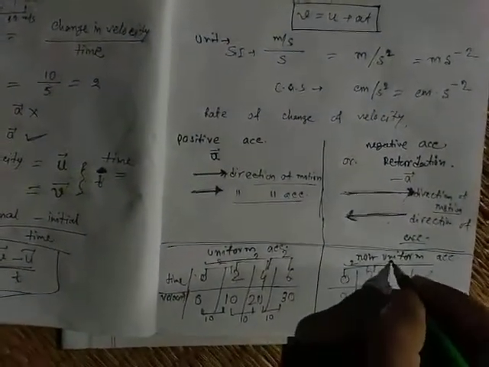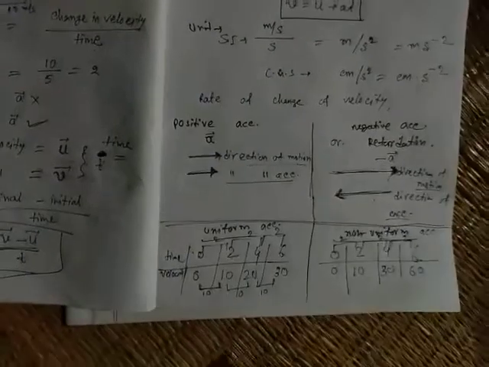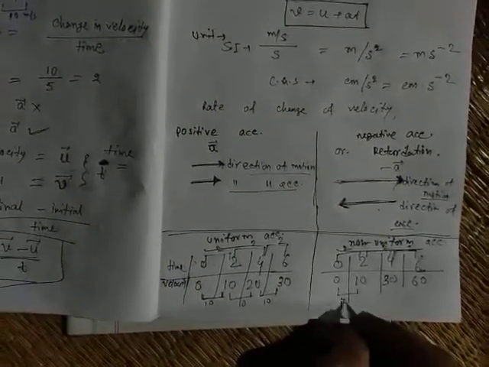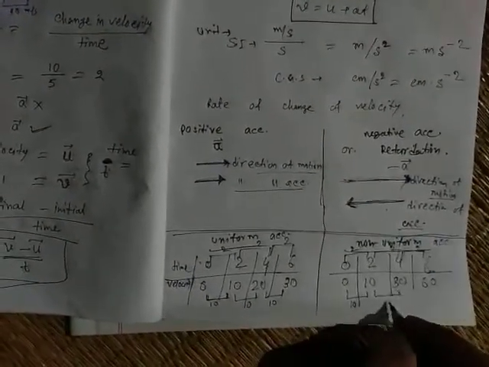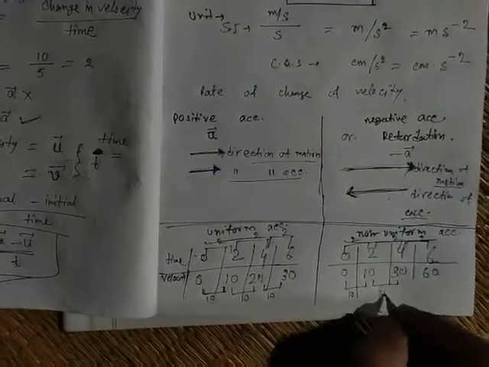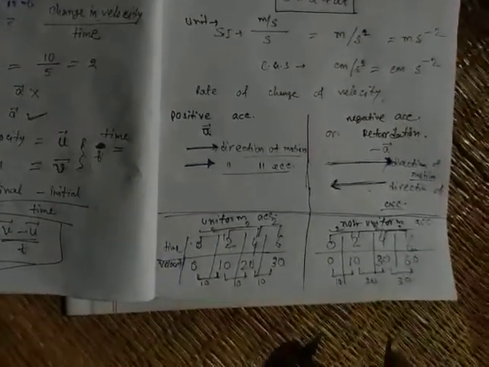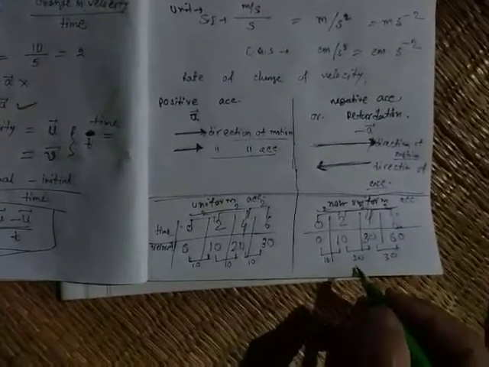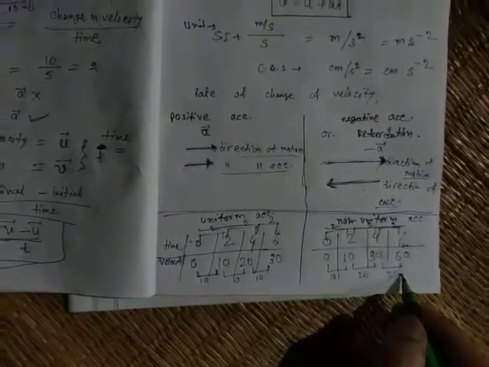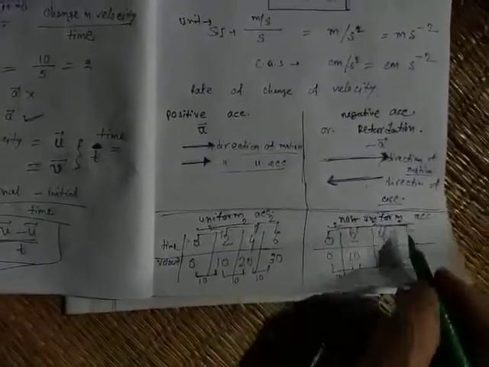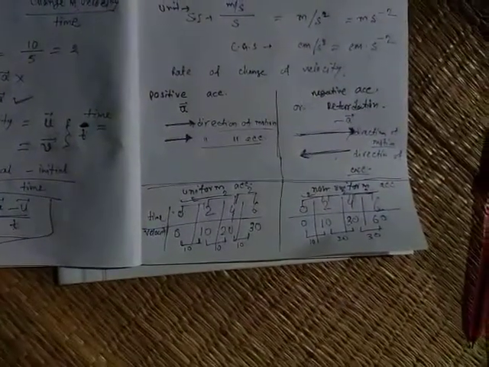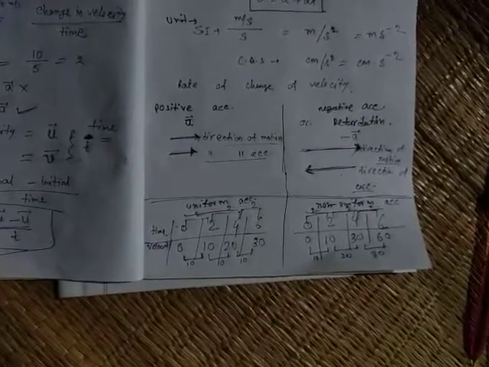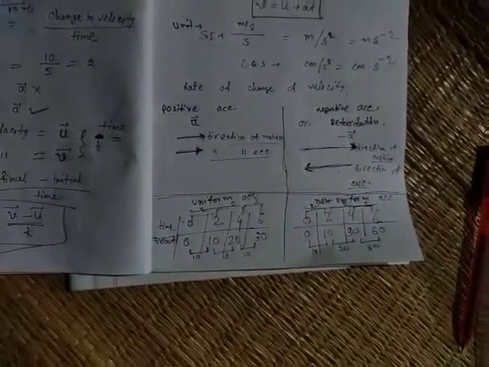The time intervals are the same, 2, 2, 2. But for the first interval, speed increased by 10. Next, speed increased by 20. Next, by 30. These are not equal. So if the velocity of an object changes by unequal amounts in equal intervals of time, then the acceleration of the object is called non-uniform acceleration.